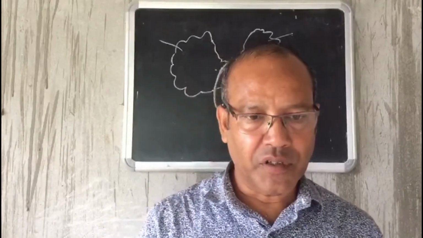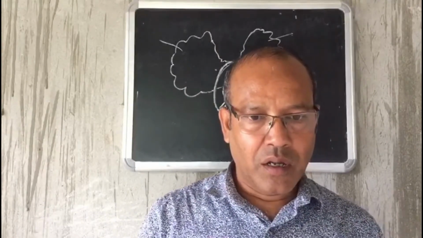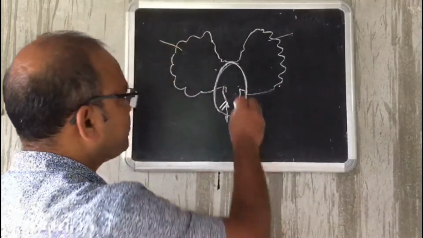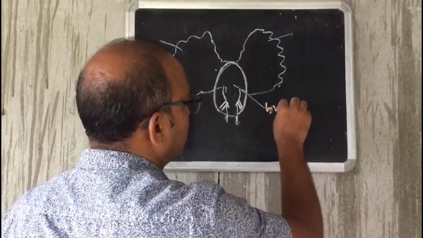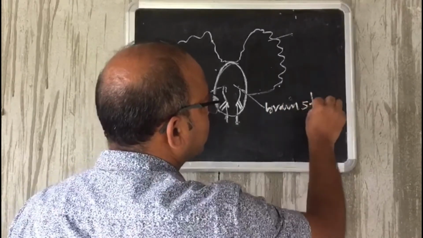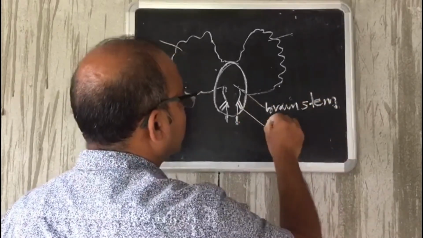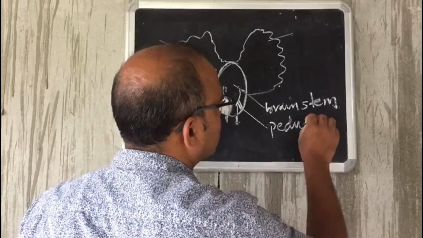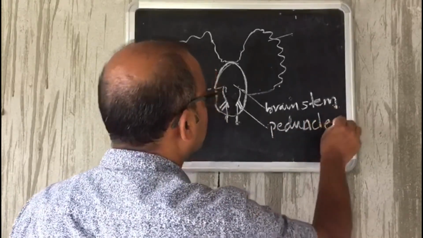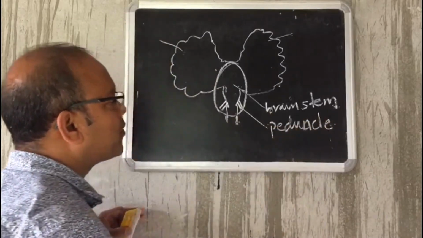Its main important function: it is made up of brain stem and peduncle, or we can also say cerebral peduncle.